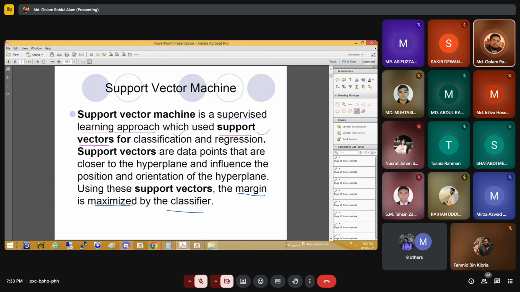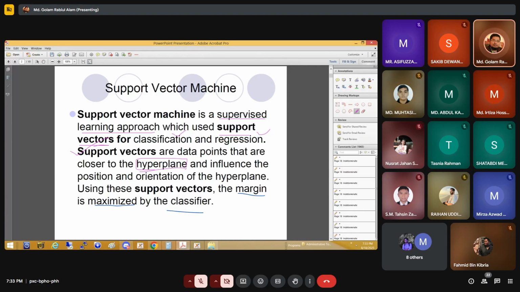The first terminology here is support vectors. At first we need to understand what the support vectors are. Support vectors are the data points that are closer to the hyperplane.